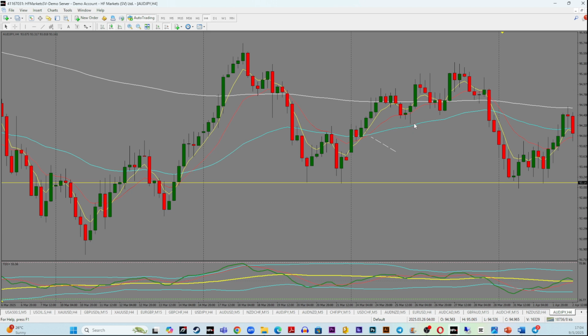We can see that the market actually came to this particular EMA, as I've mentioned earlier, and then it presented the shift candle.